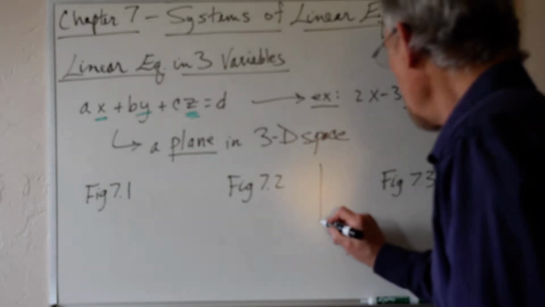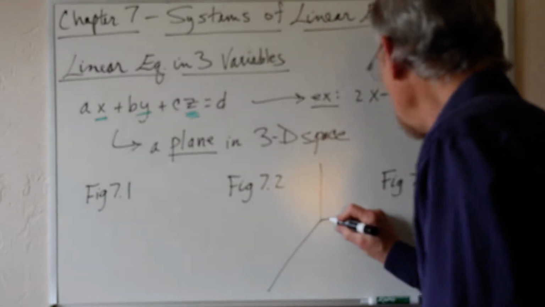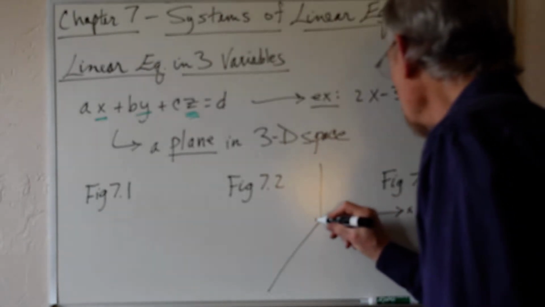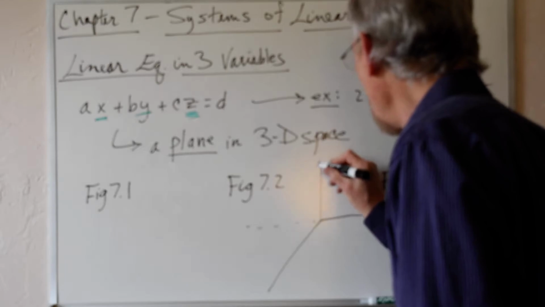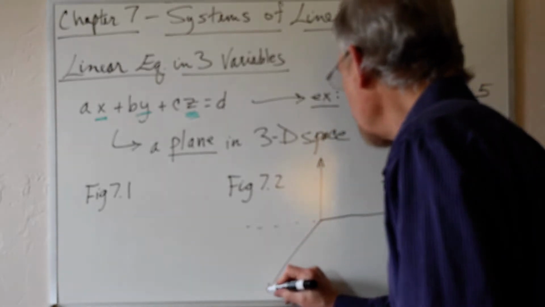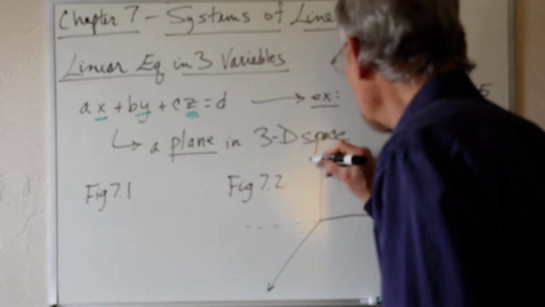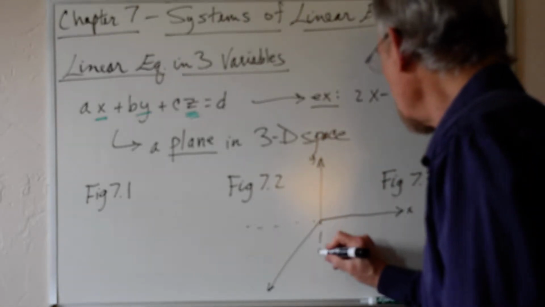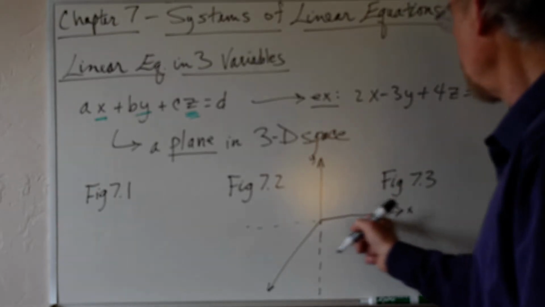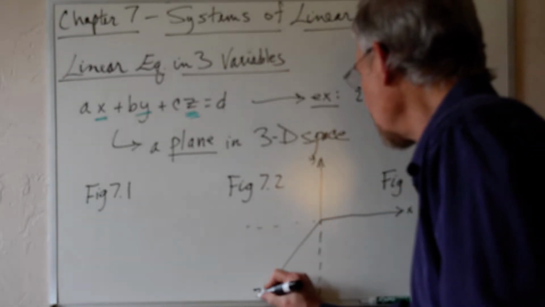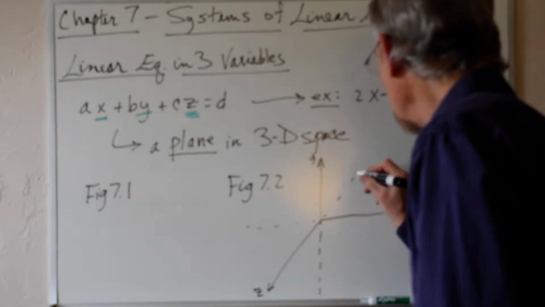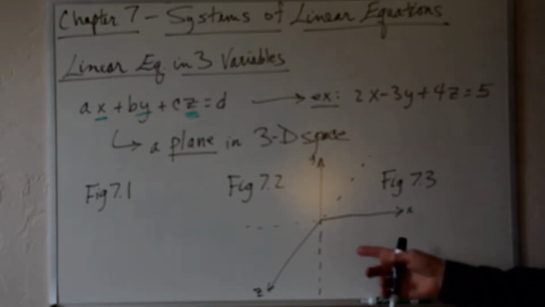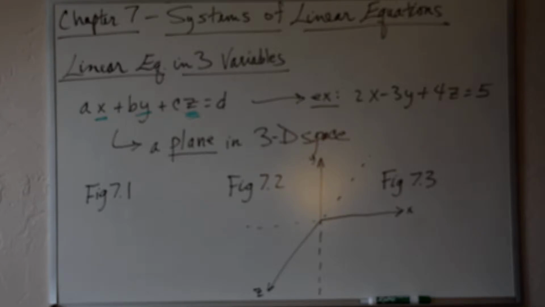And if you go on to future classes such as calculus, you would draw 3-dimensional graphs like this. Here's your x-coordinate, here's your y-coordinate, and your z-axis. And that is a rendering of 3-dimensional space.